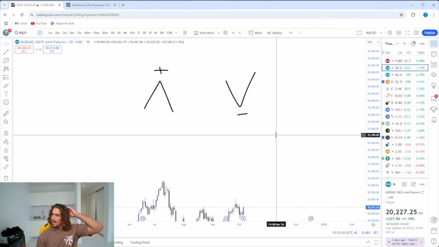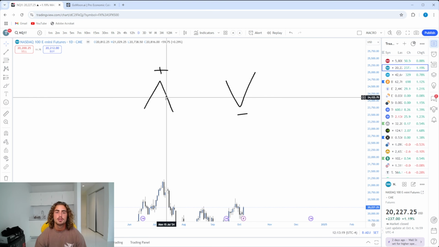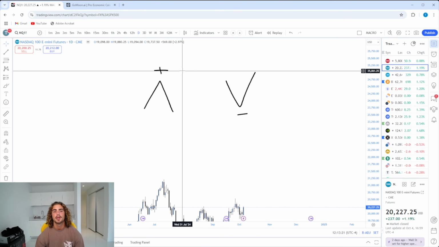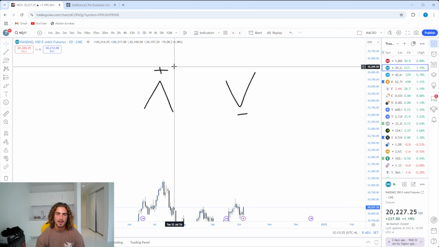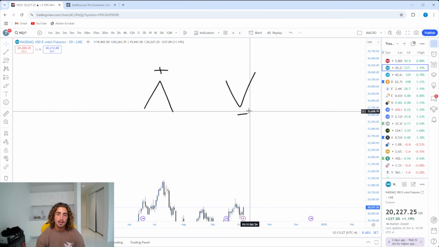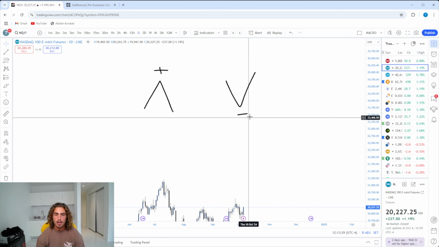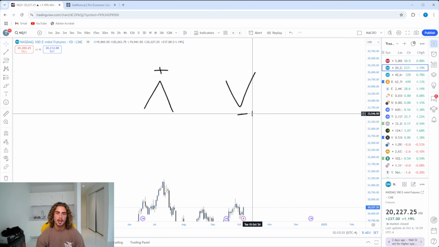Okay, so now you're probably thinking, well, what does that Apple stock comparison have to do with anything? Well, that still applies to the market that we have today. So with that in mind, we know that there's a lot of buy orders sitting above highs within the market and a lot of sell orders sitting underneath lows within the market, okay?